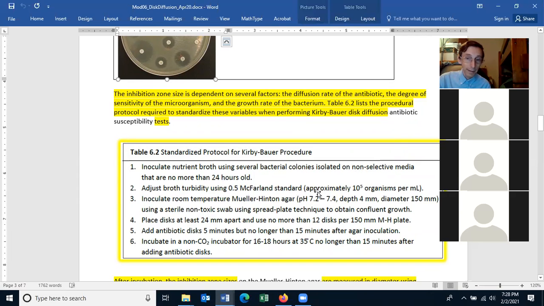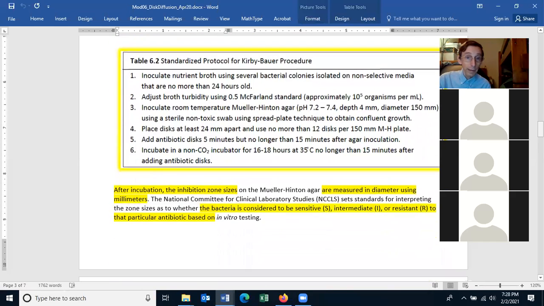This is approximately 10 to the 5th bacteria cells per milliliter. You inoculate the bacteria at room temperature on Mueller-Hinton agar plates. We always use Mueller-Hinton agar plates of a pH of between 7.2 and 7.4.